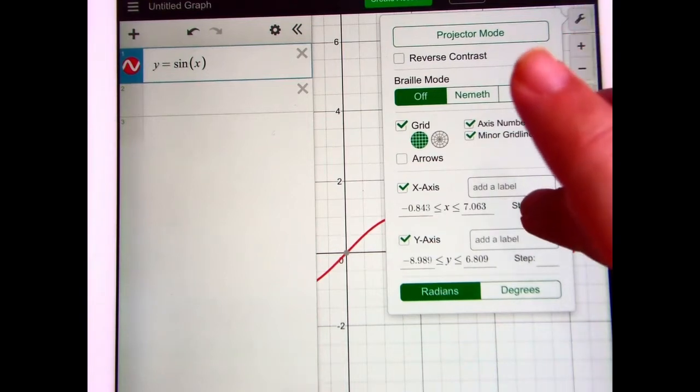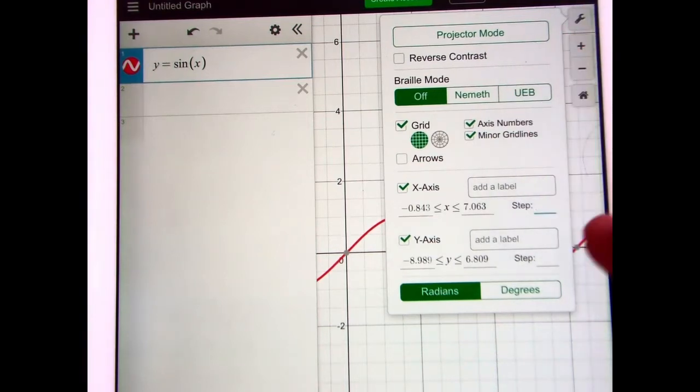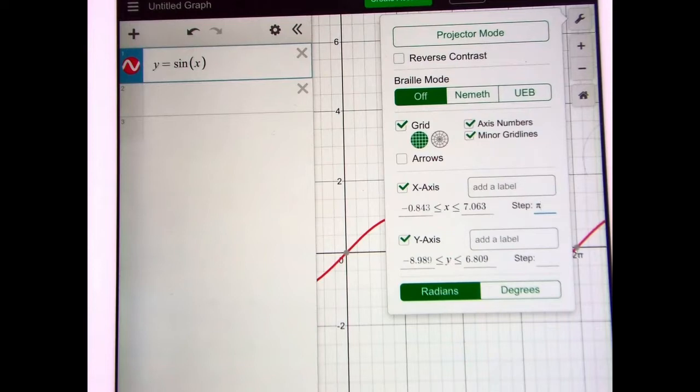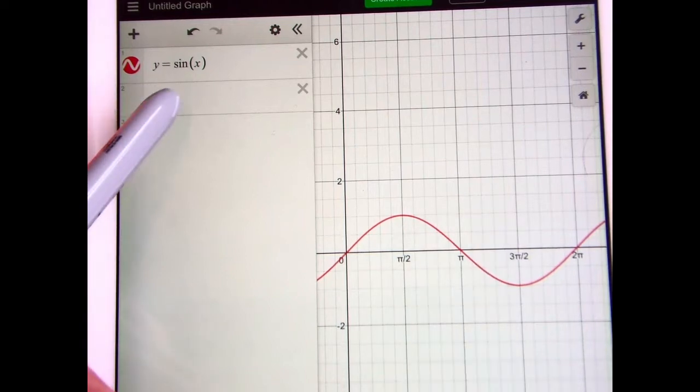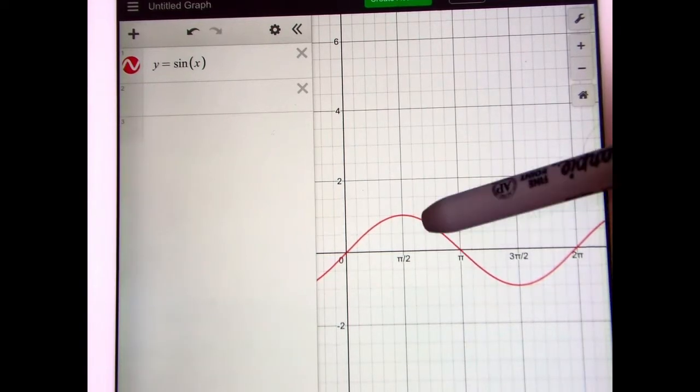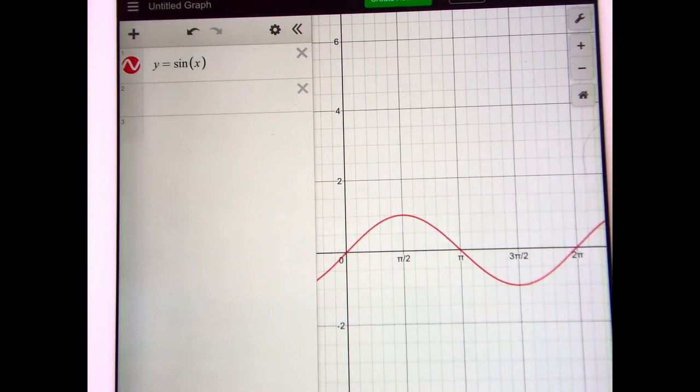One thing you want to do though, let's change it to radians on our x-axis. If you hit the wrench in the top left corner, you see a step option. Under step, hit pi, and that'll change the x-axis to measurements of pi. So now you see it as pi over 2, pi. Whenever you're doing trig graphs, let's have that for our x-axis.